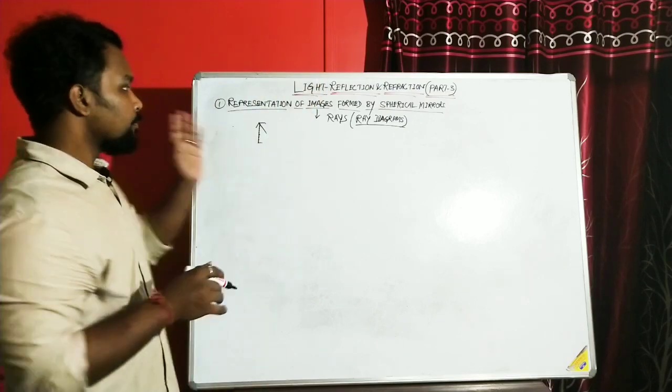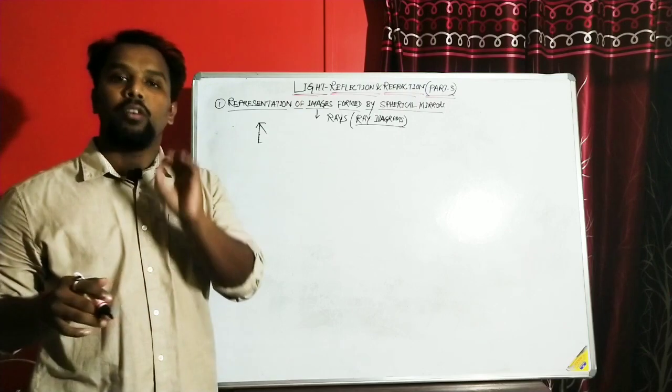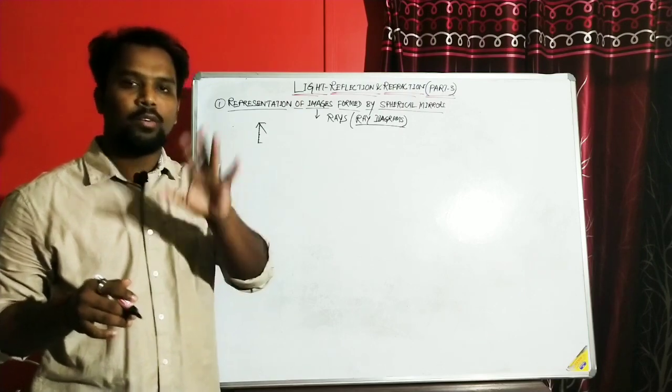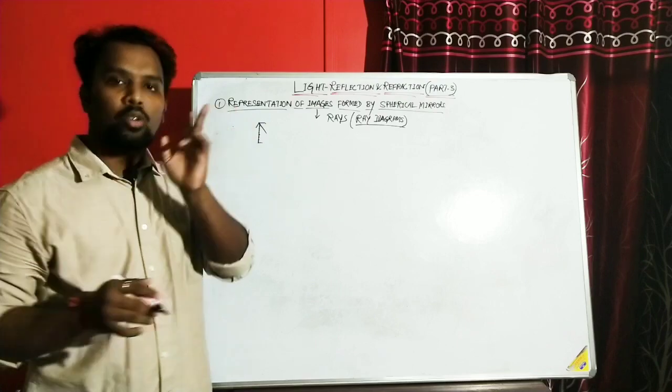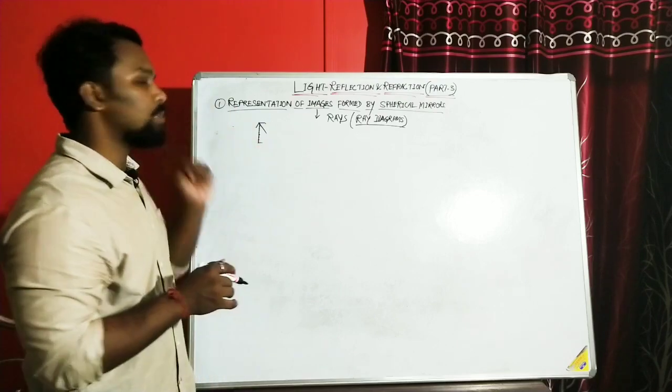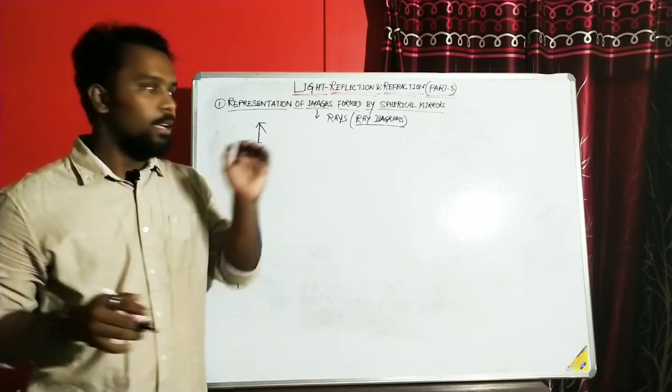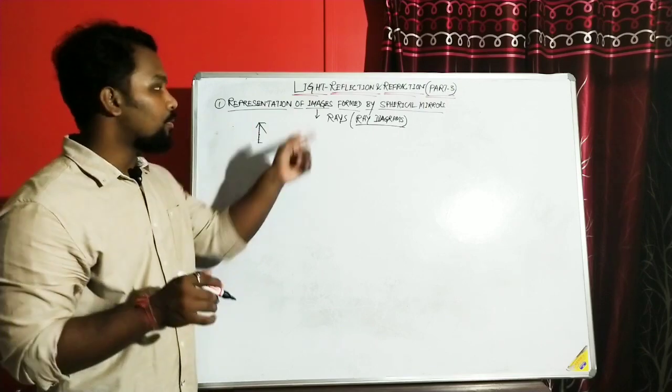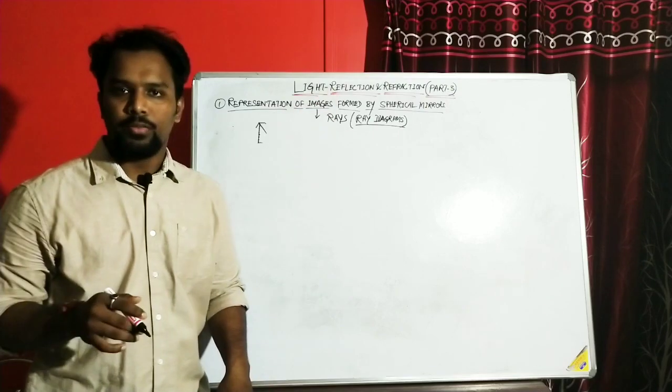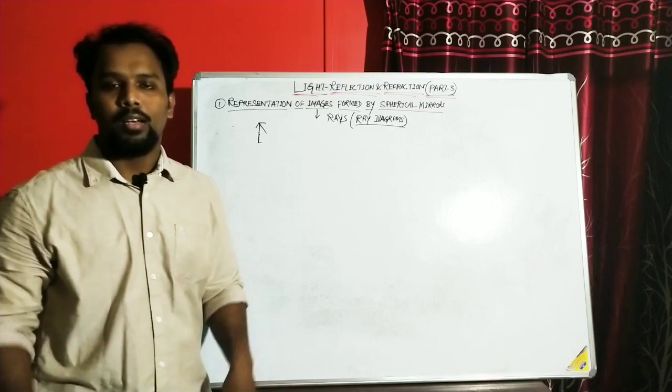But for our convenience, we will only consider two incoming rays from the object that will reflect on the reflecting surface. Once I draw, you will understand.